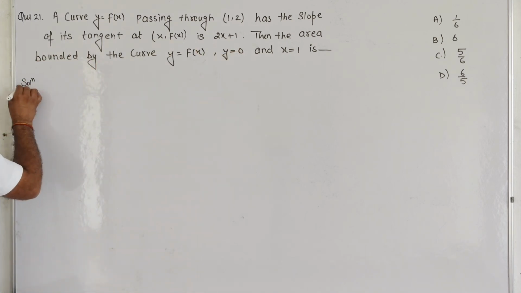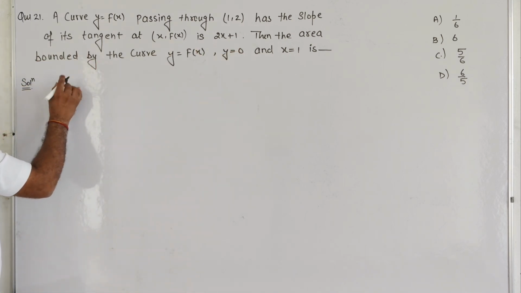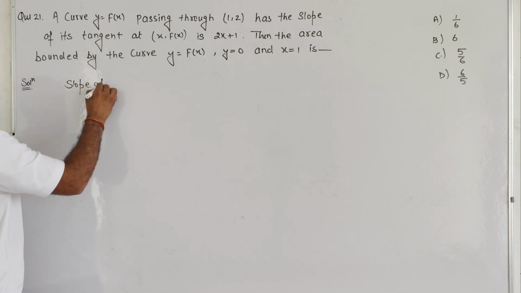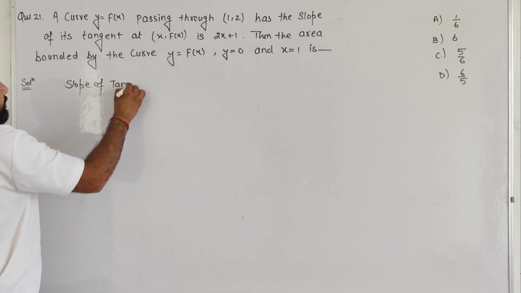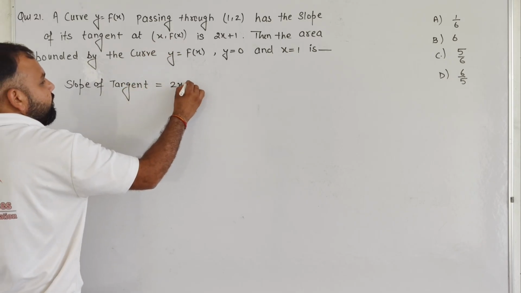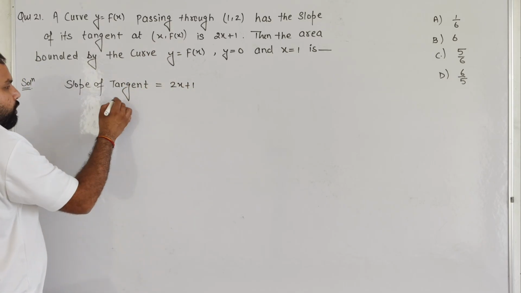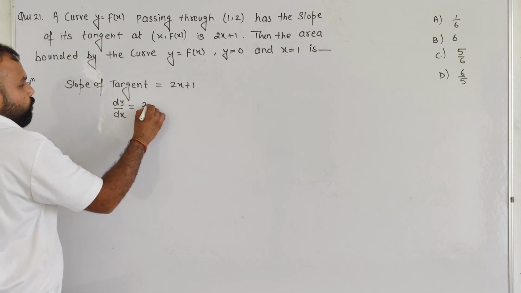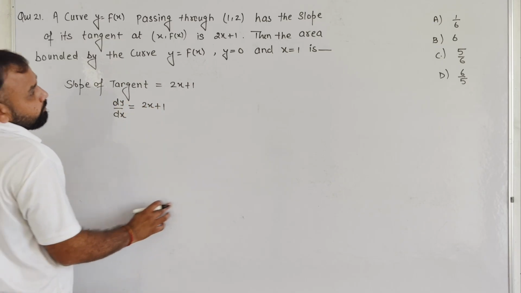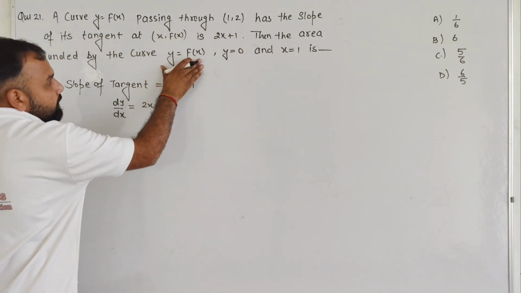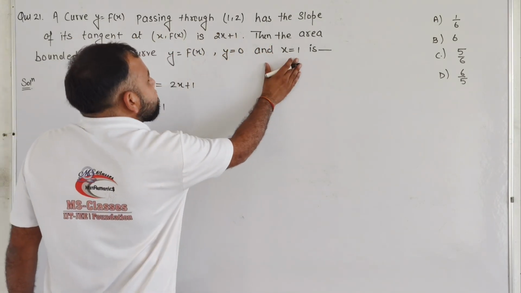Student, basically there is given information that slope of tangent at x comma fx is basically 2x plus 1, and you know very well that slope of tangent is written as dy by dx, that is 2x plus 1, okay. Then the area bounded by the curve y equal to fx, y equals to 0 and x equals to 1.